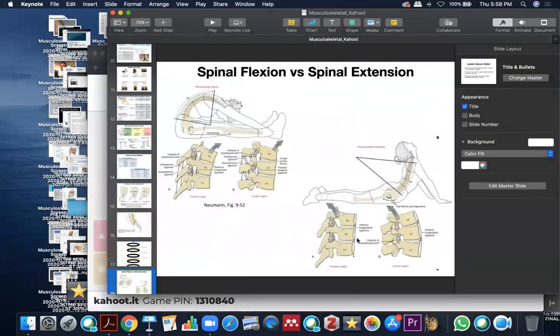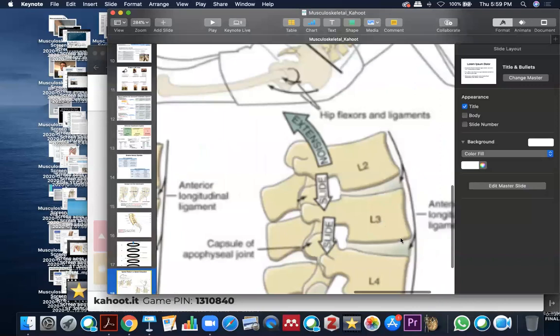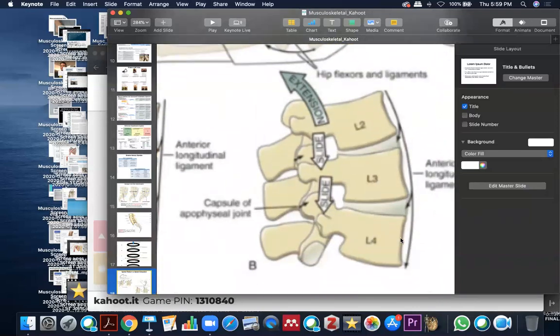Okay. So here, if you look at these vertebrae right here, remember that we had something on this in Dr. P's class, I think. I don't remember if it was actually the beginning of Anatomy 2. We talked about the cervical spine. I don't think we did it in the lumbar, we did it in the cervical, but it's the same kind of stuff.